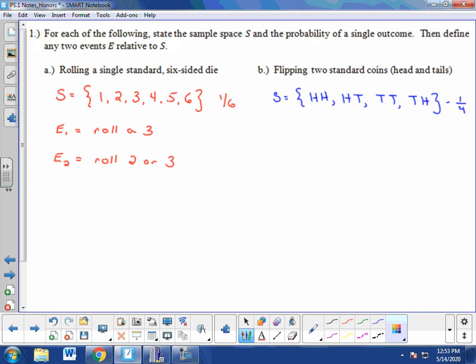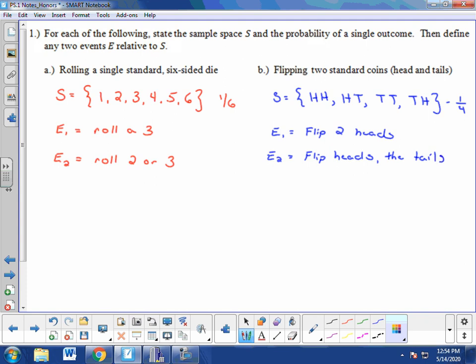Now an event could have a number of different forms. So let's say that my event 1 is that I've flipped both coins and both end up as heads. You could have said any of these options. Event 2, an example of that is I flip the coins and one is heads, then tails.